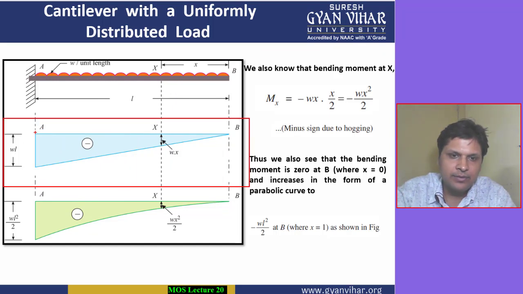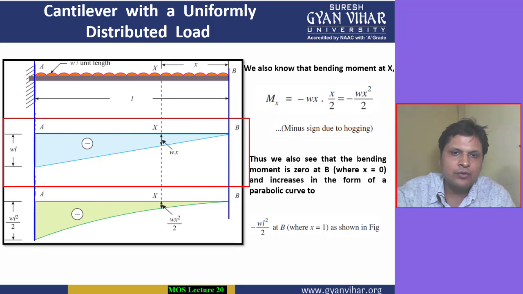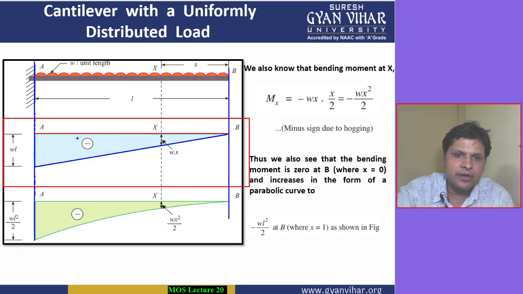First of all we will draw a baseline. This is the baseline. We will mark the sections. At point B we will draw a vertical line. Then from A also, in between you don't have any load, you have a UDL only. You will draw a vertical line from point B to the value at point A. The value is minus WL, and all negative values are drawn below the baseline AB.